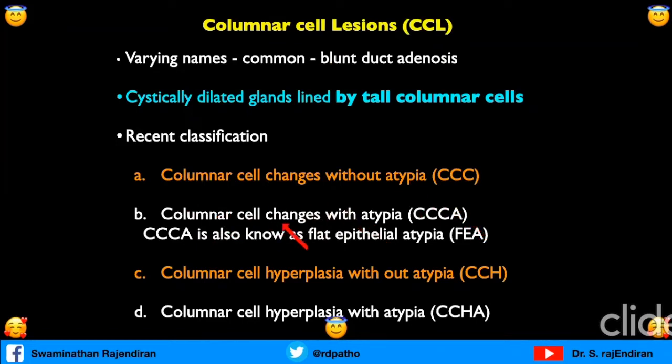And this columnar cell change with atypia is also known as flat epithelial atypia. The columnar cells may undergo hyperplasia without atypia or with atypia. So there are 4 types.